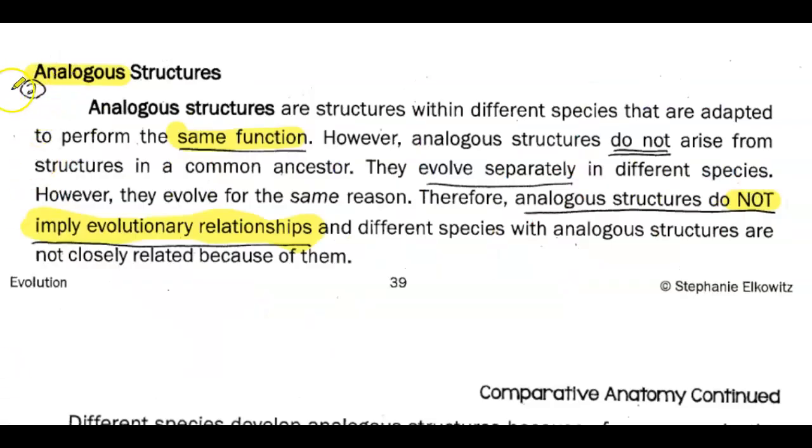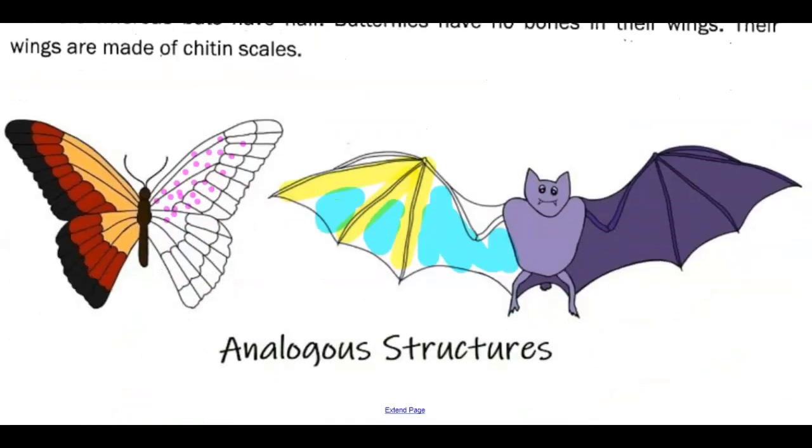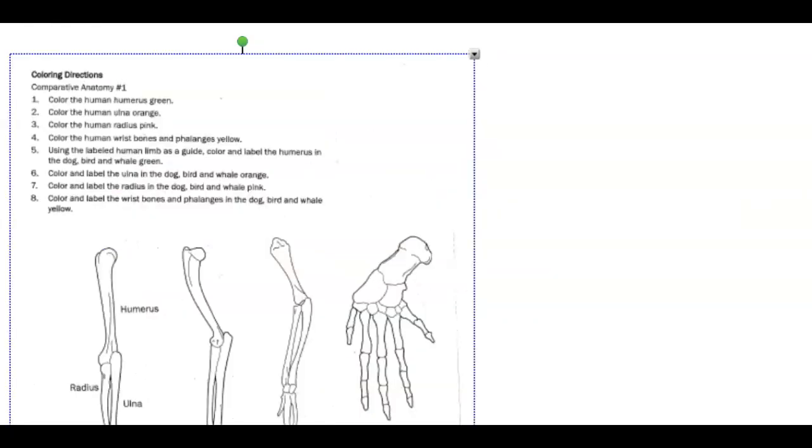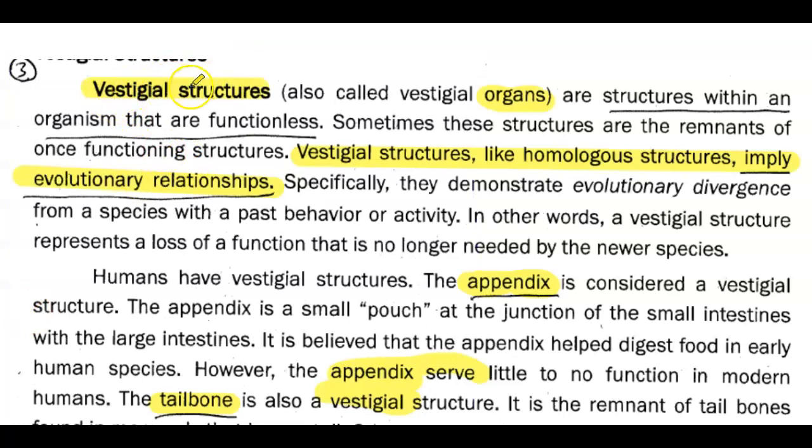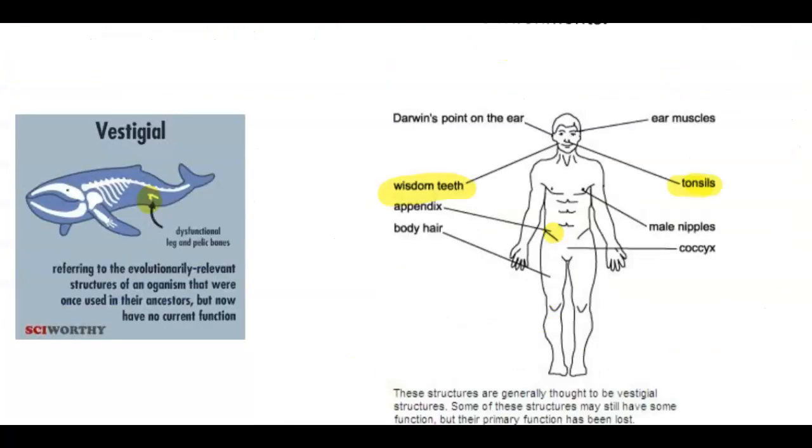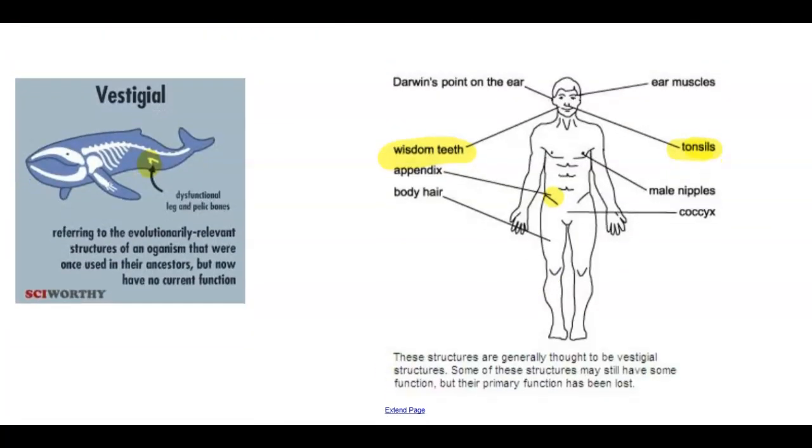Then we have analogous structures, which are body parts that do the same job, but they're really not related. They have much different parts they're built out of. And then these vestigial structures, which are just leftover body parts that our ancestors needed, but we don't need anymore.